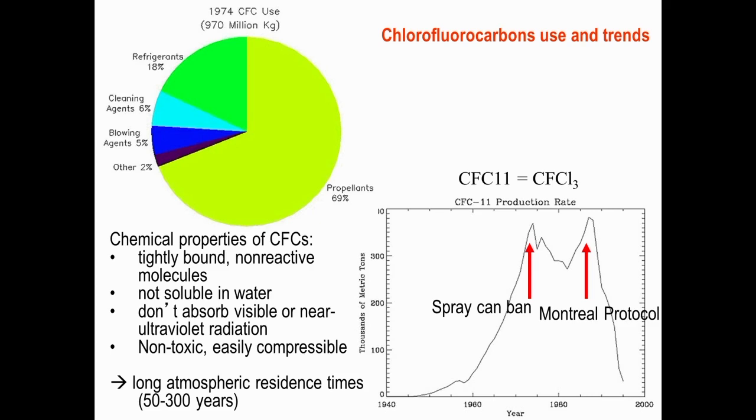It's of the order of a few years, and then it becomes well mixed. They have a huge residence time, 50 to 300 years. So CFCs that are already in the atmosphere are still there, and they'll be there for a long, long time. And that means that they can still mix up into the stratosphere.